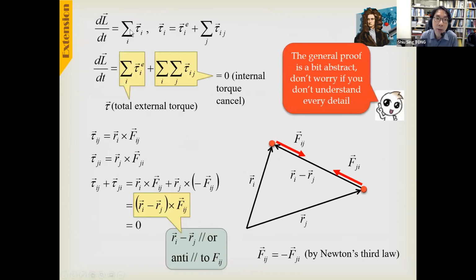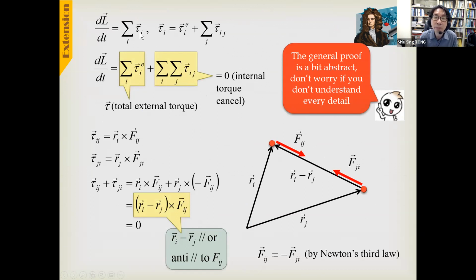So I now have this equation with the torque divided into two parts: the internal torque and the external torque. Now, if I put the torque back into this equation, I have a double summation for the second term, right?